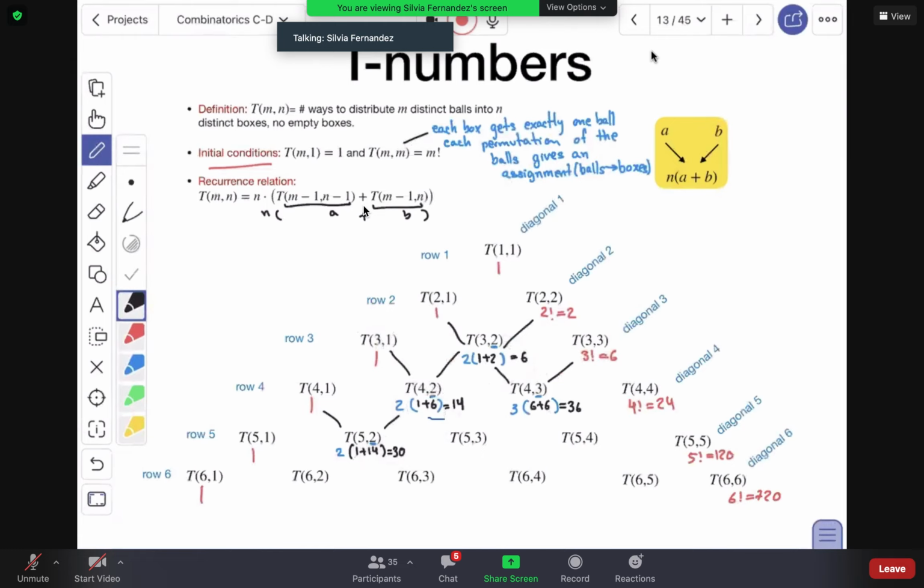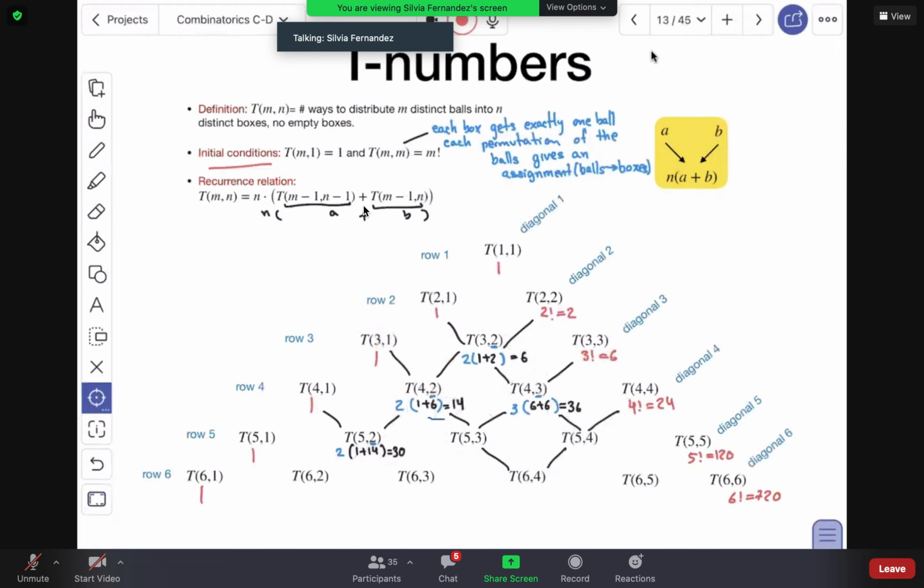What am I missing? I'm going to need this one and this one, so I'm going to need that one and that one, and this one and this one. So I'm almost there. I just need to compute 3 more. If you wanted to know what is T64 for a specific problem, I don't want to continue too much longer because I know that there are some problems that say complete the 6th row of the T numbers triangle or something like that.